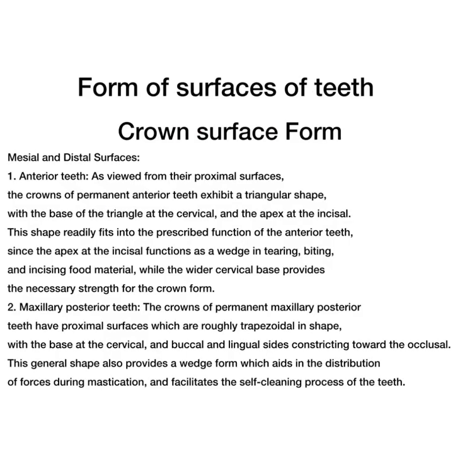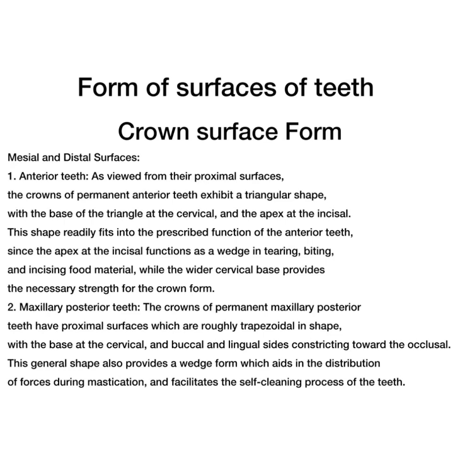Crown surface form from the mesial and distal surfaces. First, anterior teeth as viewed from the proximal surface. The crowns of permanent anterior teeth exhibit a triangular shape with the base of the triangle at the cervical and the apex at the incisal.